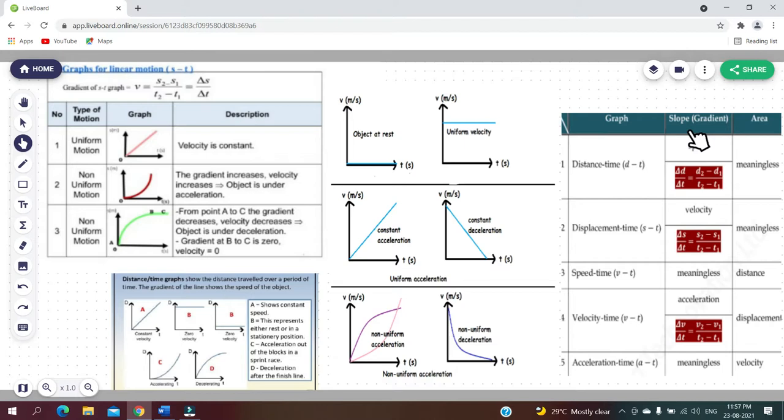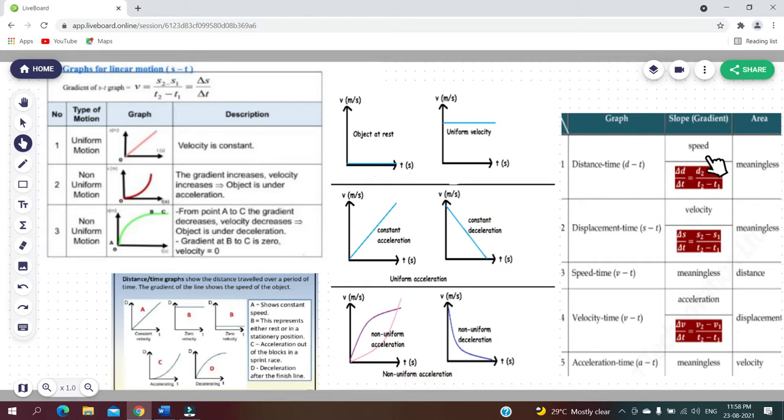Y means vertical axis, x means horizontal axis. And when we draw a displacement time graph, we take time on the horizontal axis and distance on the vertical axis. That's why the slope of a distance time graph is nothing but distance divided by time, which indicates speed.